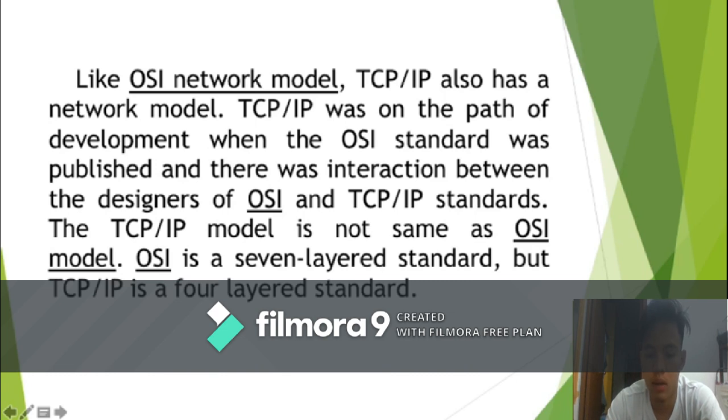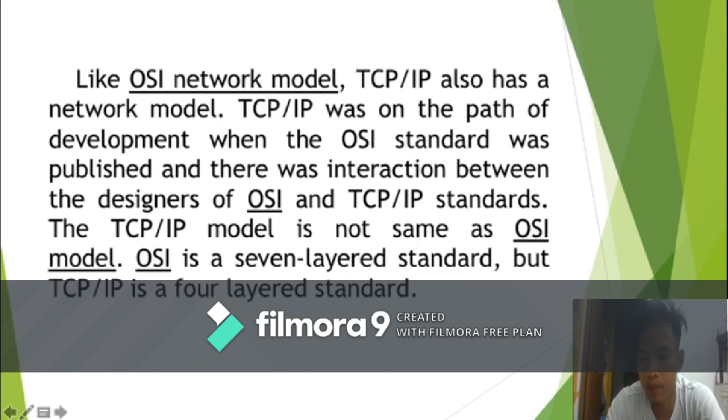TCP/IP was on the path of development when the OSI standard was published, and there was interaction between the designers of OSI and TCP/IP standards. So the TCP/IP model is not the same as the OSI model. OSI is a 7-layered standard, but TCP/IP is a 4-layered standard.